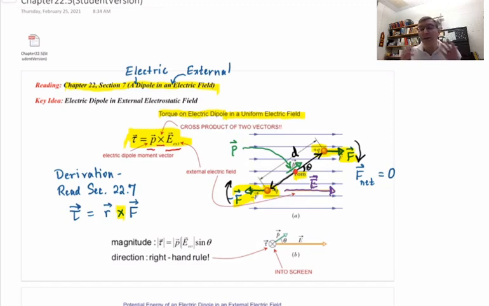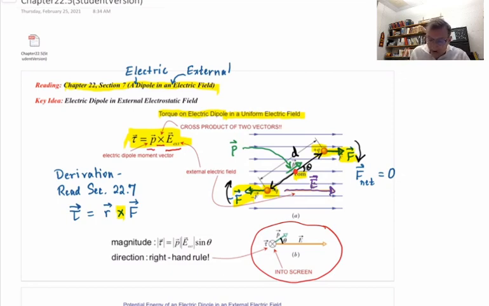Let's now just talk about the consequences of using that formula. So now I want to focus down here on the simplified picture that I talked about a moment ago. That shows the dipole moment vector, P in green, and the electric field vector, E, kind of in a gold color, and they're drawn with a common tail, so that you can also see the angle theta right there between them.